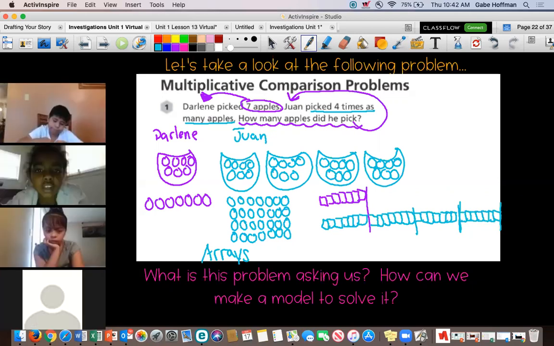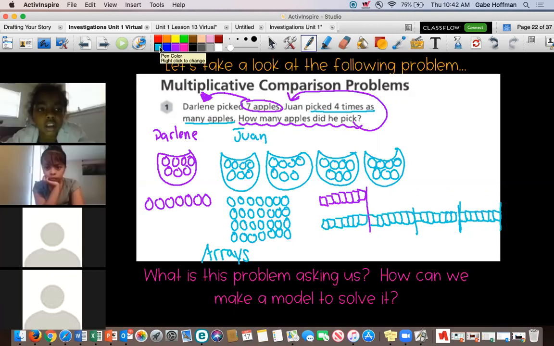So now we're going to go through and actually solve the problem. So I'm going to say I have groups of 7. I'm trying to figure out how many Juan has, right? We underlined it. How many apples did he pick? And we said he is Juan. So I'm going to count. I have 7, 7, 7, and 7 in each group. So I'm going to do 7 plus 7 and 7 plus 7.